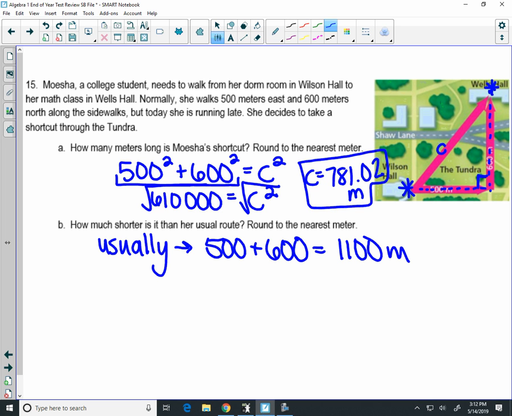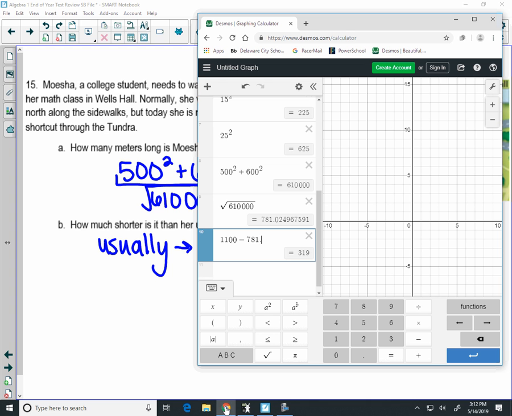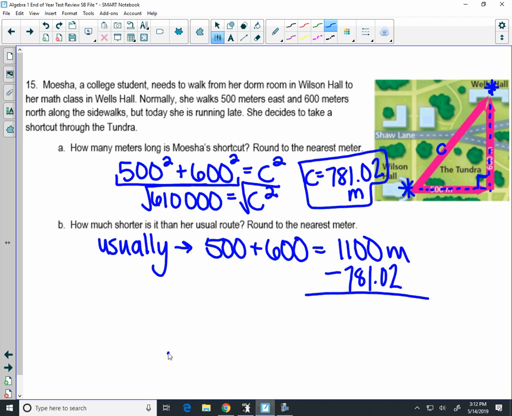To figure out how much shorter our new route is, we're going to subtract 781.02. That gives us 318.98 meters.